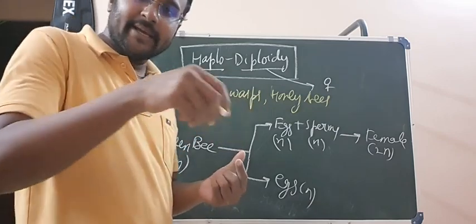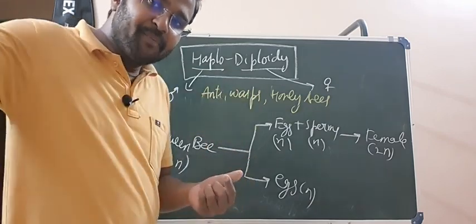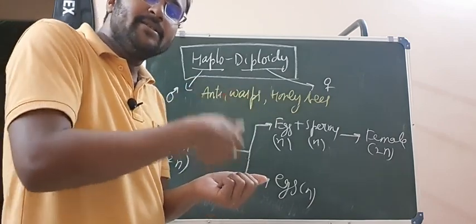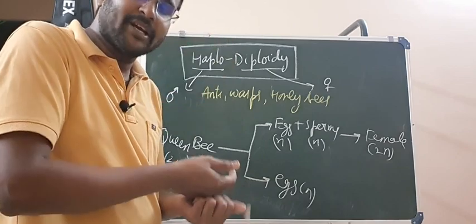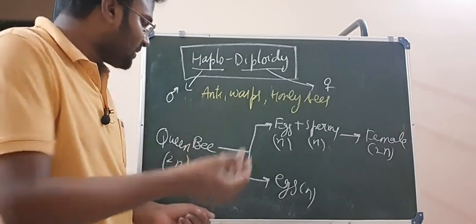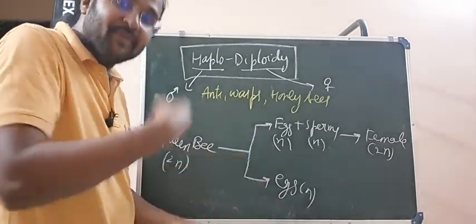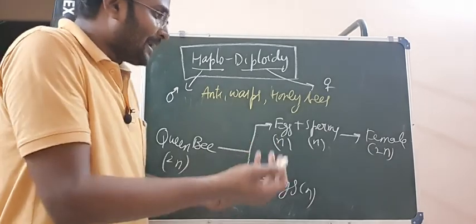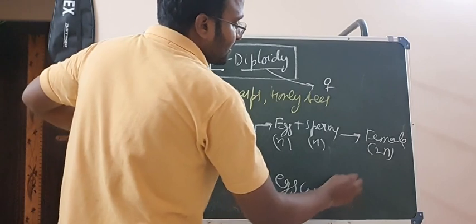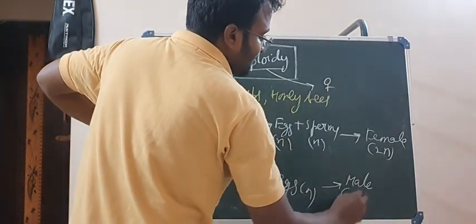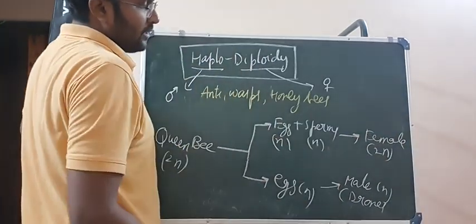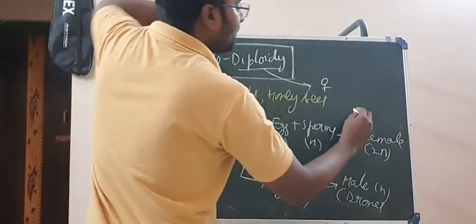This queen bee lays eggs in some chambers, and the male drones come and fly over those chambers, and they just release their sperms into those chambers. And what happens then? The sperm fertilizes some of the egg cells. Those eggs where the sperms are not reaching will turn into males. So these males are termed as drones. Females are termed as sterile worker bees.